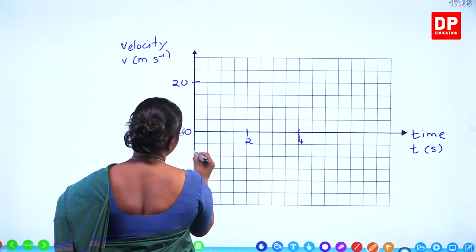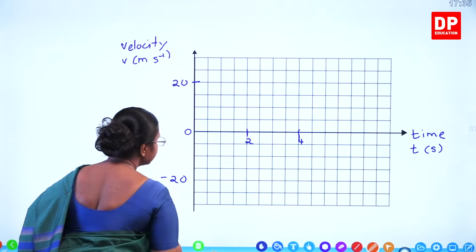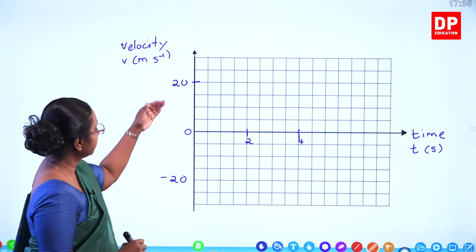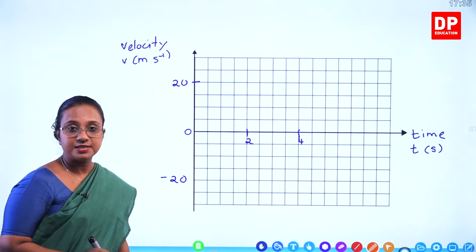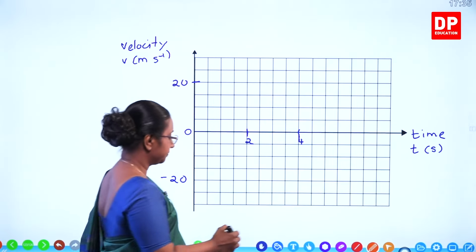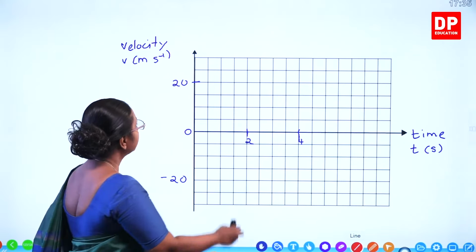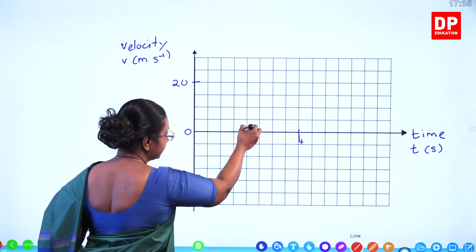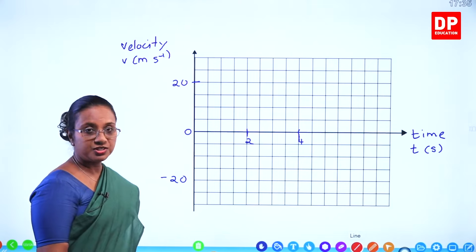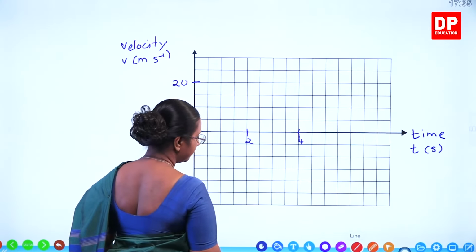The same way, the final velocity will be minus 20, because it is in the opposite direction. So when we plot the graph, it is going to be a straight line. Initially it is going to decelerate, reach a velocity 0, and accelerate in the opposite direction.